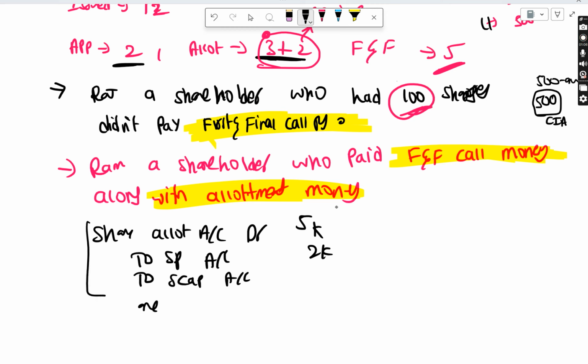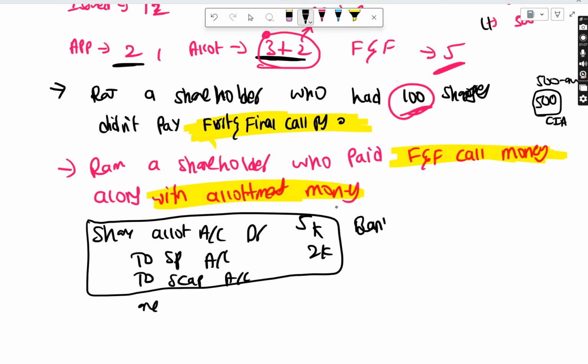Tisha, can you tell now? Bank account debit 5,500. It's simple. We are in the allotment only. 1,000 shares into 5, 5,000 we are supposed to receive. But Ram paid advance for the first and final call, 500, so in total we received 5,500.